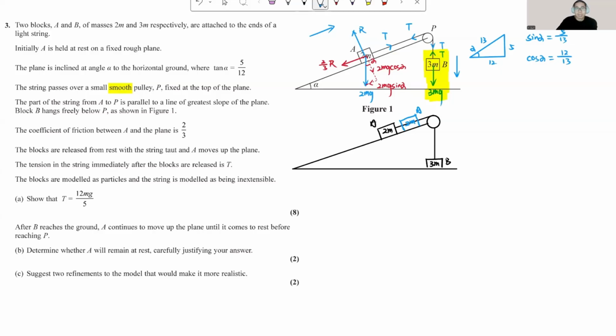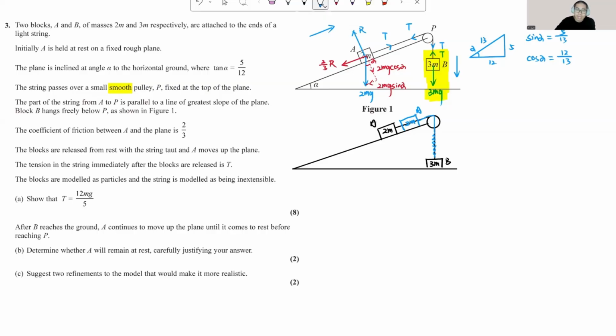So to label all the forces: at the instant when B reaches the ground, they should still be connected by the light inextensible string, still taut. But once B reaches the ground and A continues to move a bit more, they're not connected by a taut string anymore. So the string should become slack, which means there'll be no tension in the string.